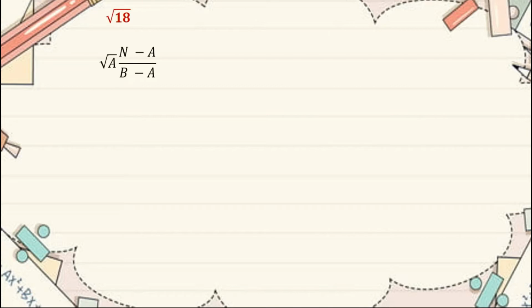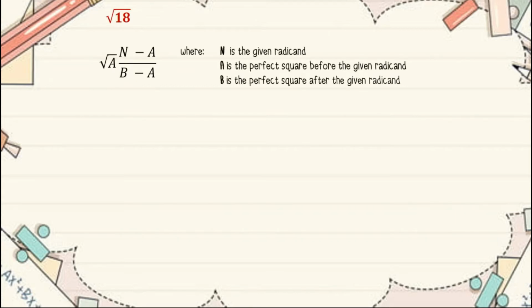So again, we're going to use this. So the radicand in the given is 18. So that is our n. Between what two perfect square numbers can we find 18?